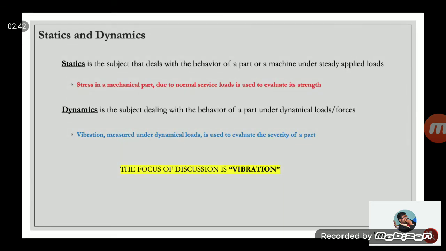In that case, you design a part or a machine, and what you actually do is calculate the stress in that part, and you compare that stress with the material yield or ultimate strength. If your part is well below the yield strength or ultimate point, whichever you are comfortable with, you can say that this machine is good.